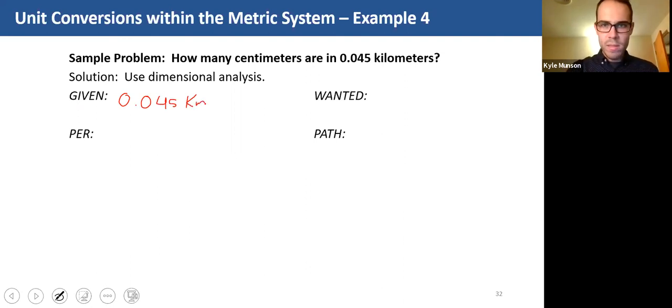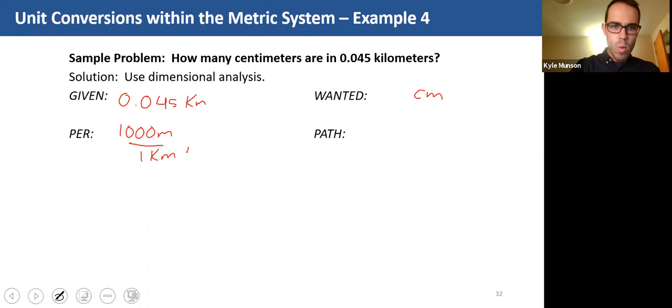We want centimeters. I know from my table before that I can convert between kilometers and meters, right? So for every 1 kilometer, there's 1,000 meters. And I know that I can convert between meters and centimeters.